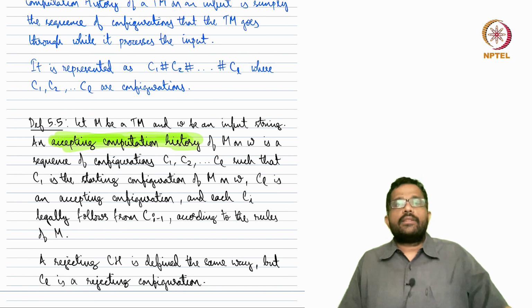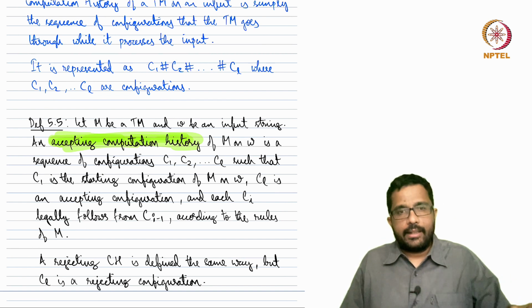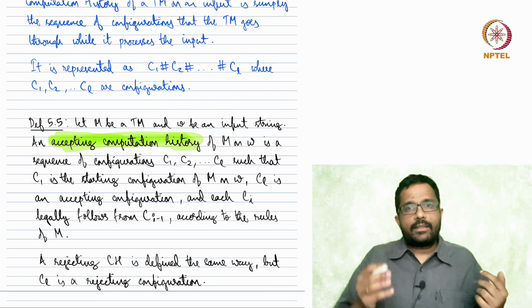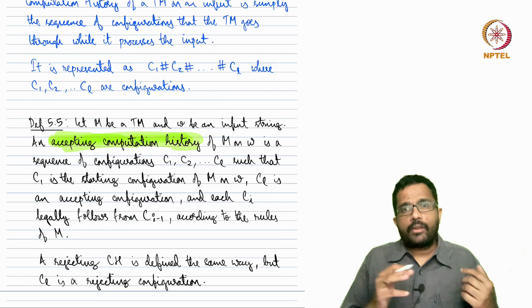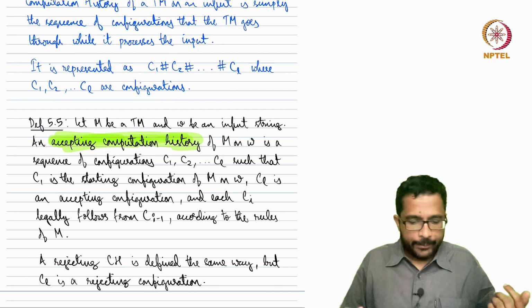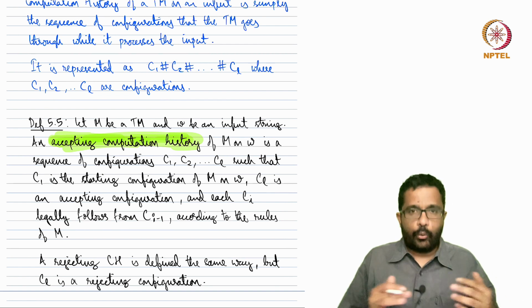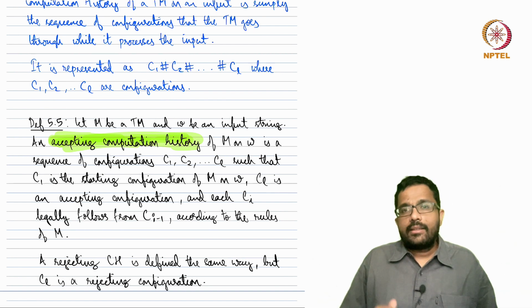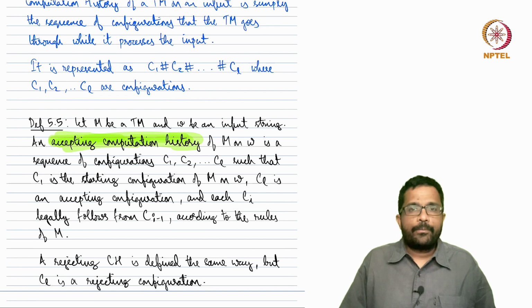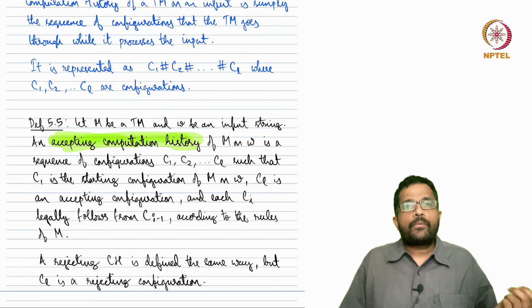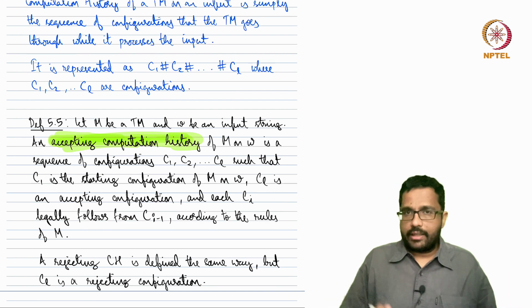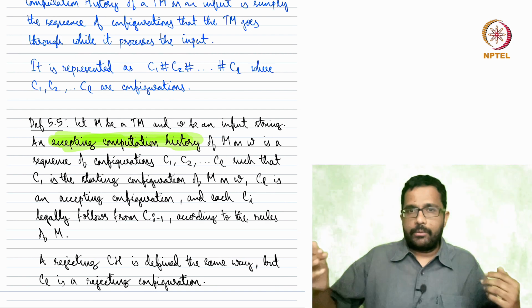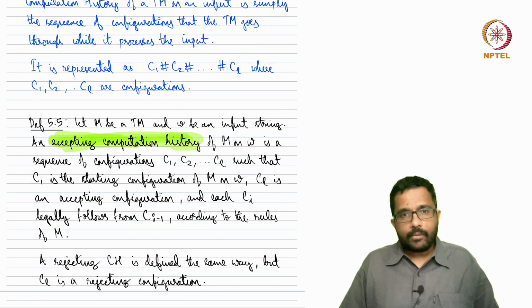An accepting computation history is a sequence of configurations C1 up to CL, where the sequence leads to the string getting accepted. C1 must be the starting configuration of M on W, meaning C1 should be the starting state followed by the input string W, the individual symbols W1 and so on, and CL must be an accepting configuration.